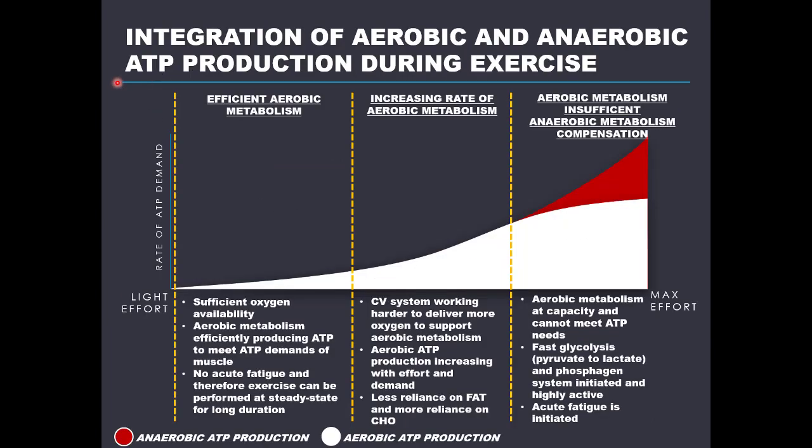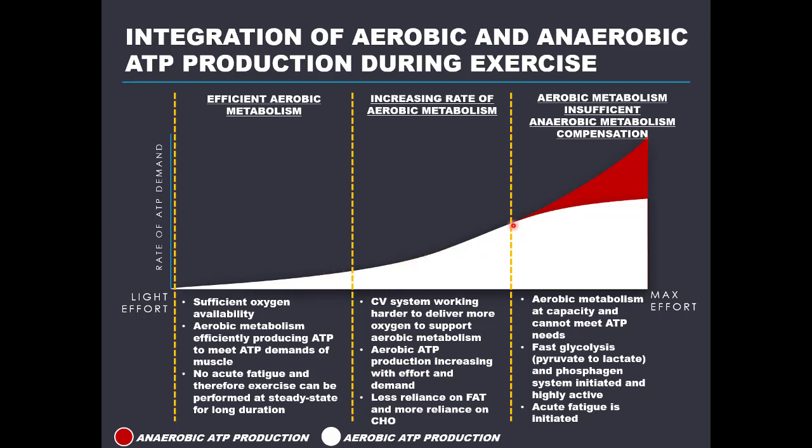Okay, moving forward. Now let's go back and sort of summarize everything we talked about in relation to the aerobic anaerobic integration curve that we brought up in the beginning of this lecture series. So the white again represents aerobic ATP production, whereas the red represents anaerobic ATP production. So remember, as workload increases, your aerobic systems work harder and harder to meet the ATP demand.